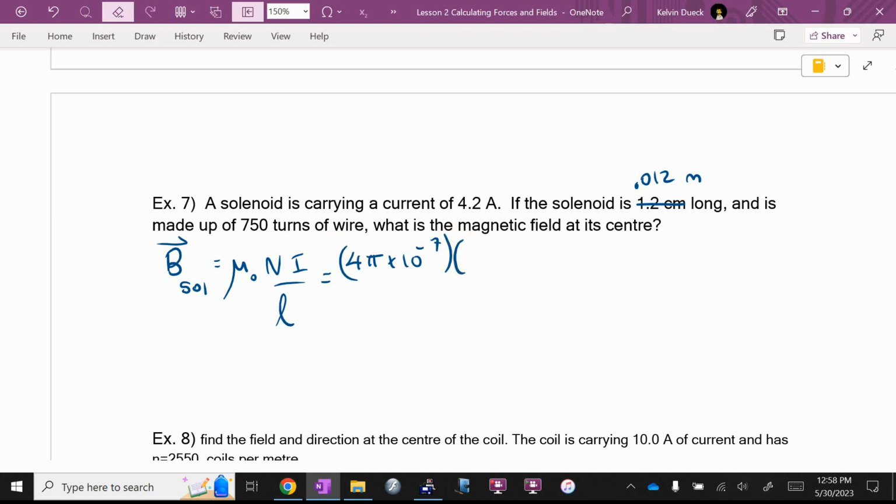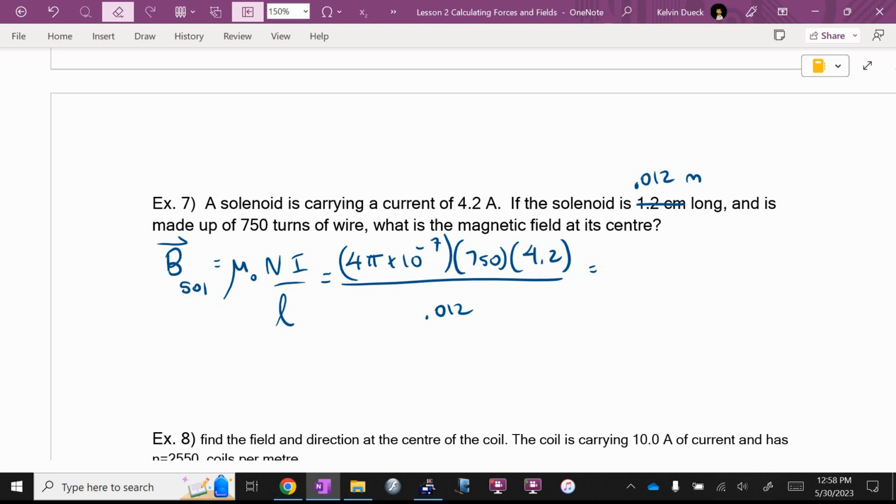What's N, the number of turns of wire? I, and L is 0.012. How many Teslas will the magnetic field at the center of this solenoid be?